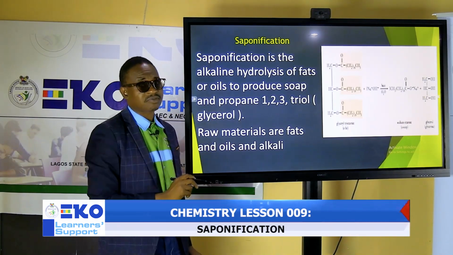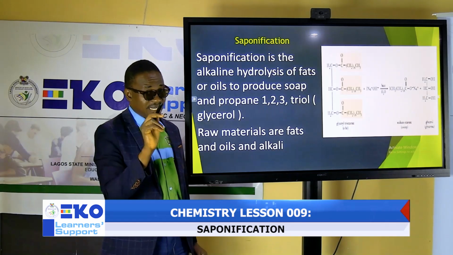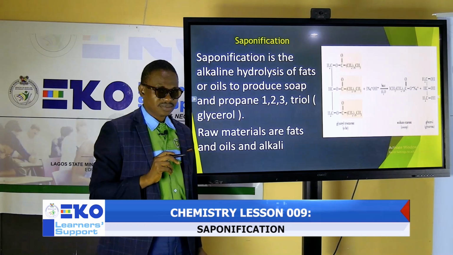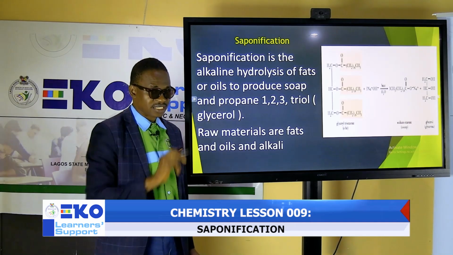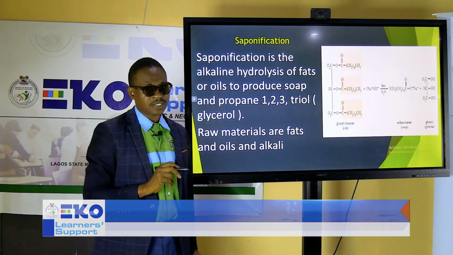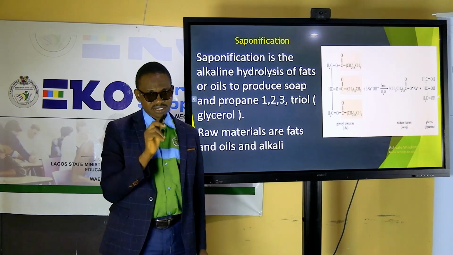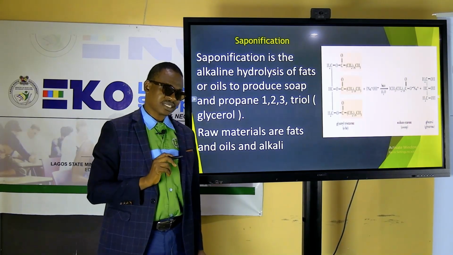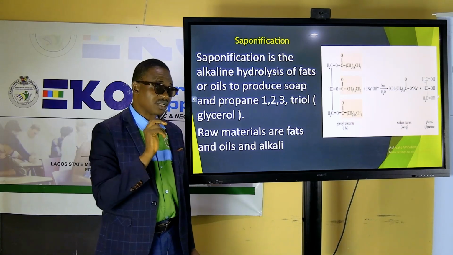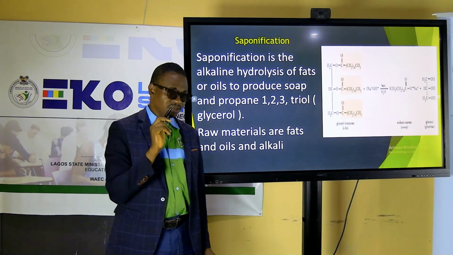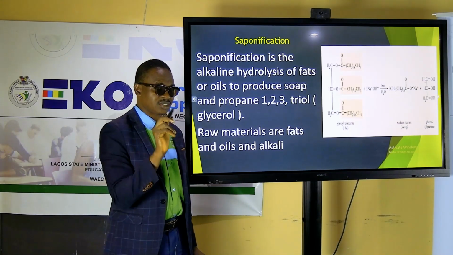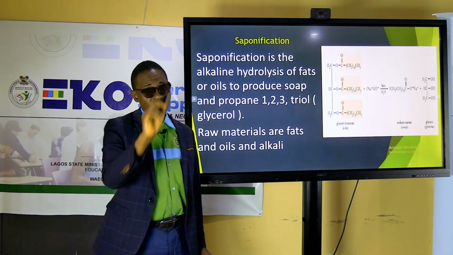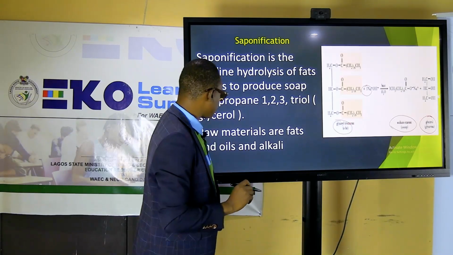You need to take note of that. Now you will ask me, do we need glycerol in that particular process? It's only soap we need. So as a good student of chemistry, you must learn how to separate the soap from glycerol. We are going to be talking more about this as we go on.